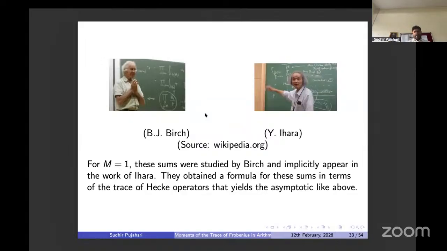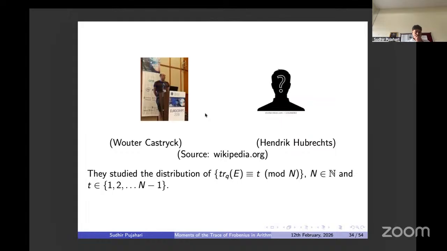As I say, if you choose your capital M equal to 1, this precisely recovers the Birch result, because for him the odd moment was 0, which is pretty natural just using the symmetry, and the even moment is the Catalan number. Castryck and Hubrechts also looked at the trace of Frobenius congruent to t mod n.